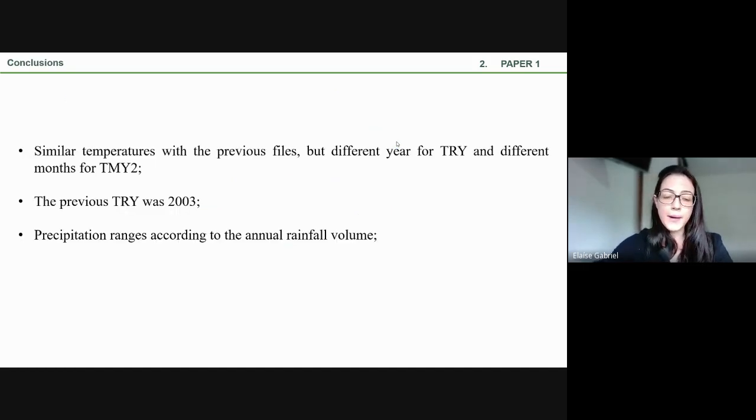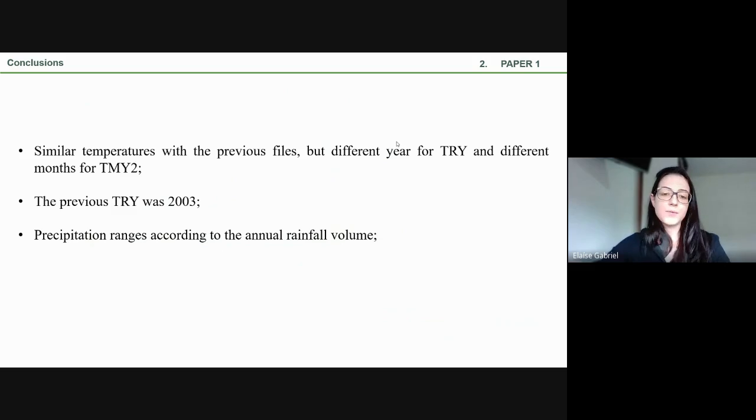So when we compare the previous weather files with the two developed in this work, we can see the average daily temperatures are very similar between them, although the typical meteorological year changed from 2000. The typical meteorological year and the test reference year differed. So regarding the TRY file, the test reference year, we saw that from 2003 it changed to 2017.